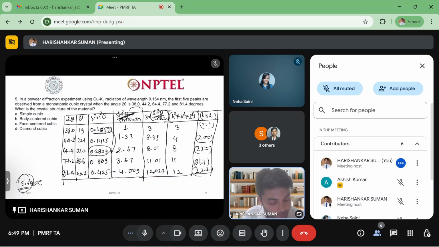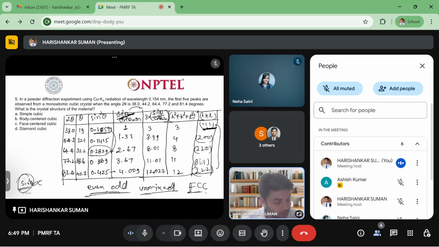These are given. Based on that, we have seen if HKL are unmixed, all even or all odd, then FCC. Now check, these are all even or all odd.